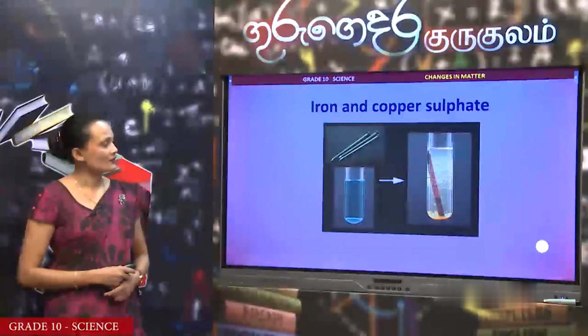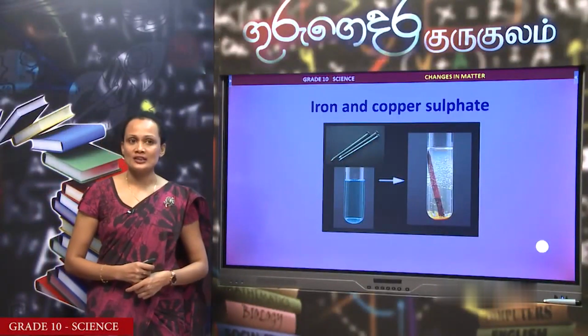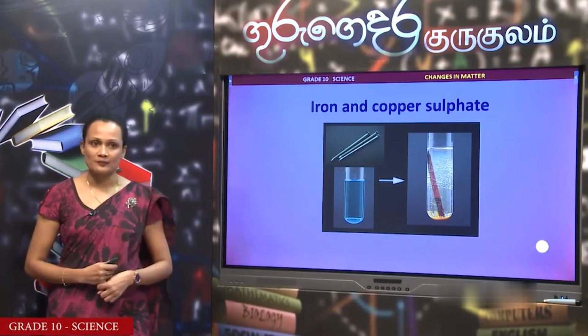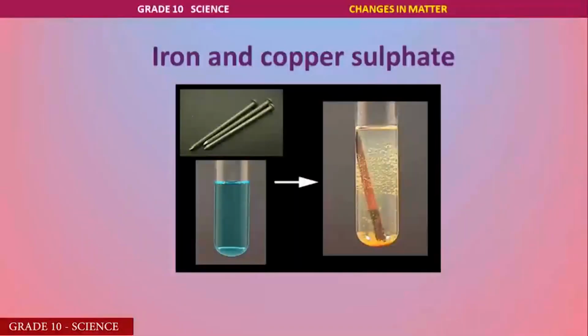Then let's see another evidence by using another activity. Here I am going to explain the reaction between iron and copper sulfate. You know the color of the copper sulfate solution. It is light blue in color. You can observe in this picture what happened when we put iron nails into the copper sulfate solution.